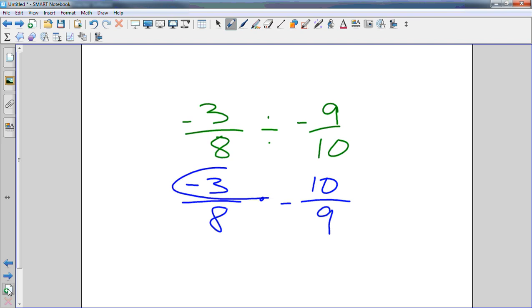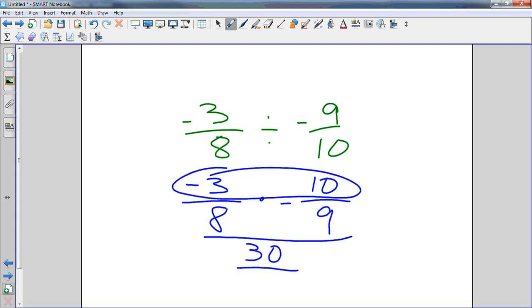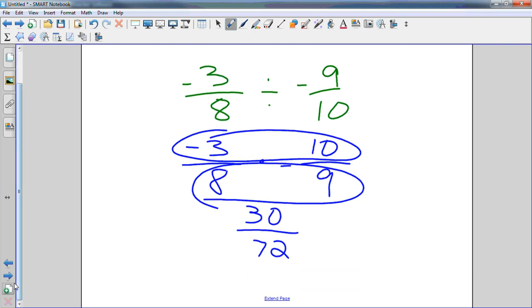So I have negative 30 over 8 times 9, which is 72. The answer is negative 5 over 12. How did you get that? Calculator. What did you divide by? If you divide 30 by 6, what do you get? If you divide 72 by 6, what do you get? You divide top and bottom by the same number.